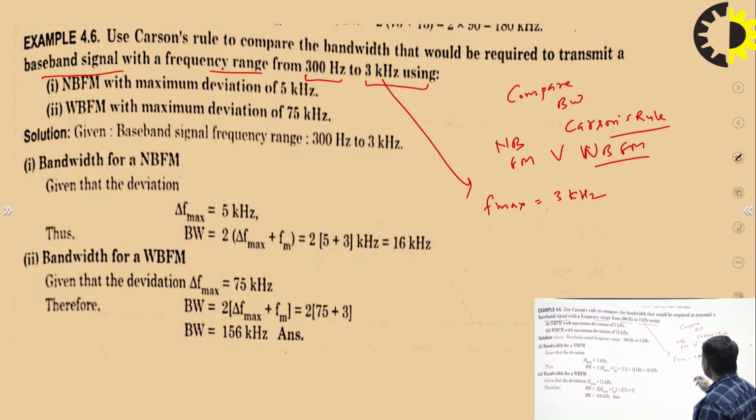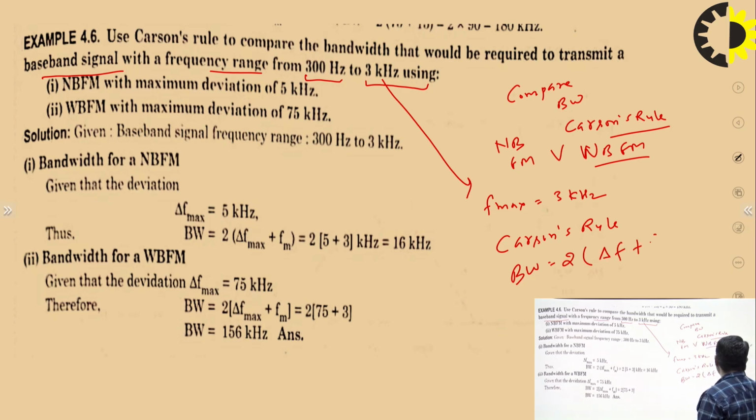So we will apply Carson's rule. As per Carson's rule, the bandwidth is 2 into delta f plus f max, where this f max is 3 kHz.